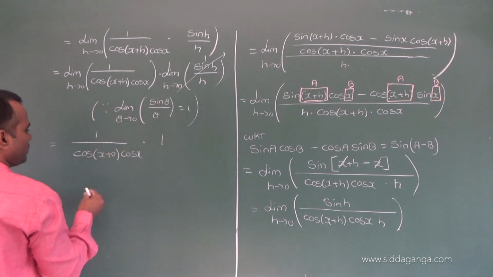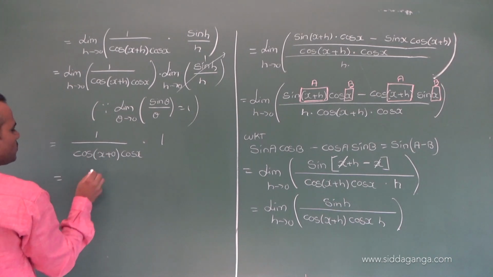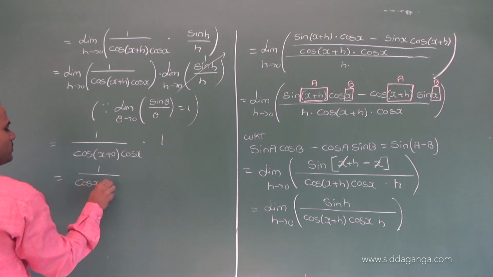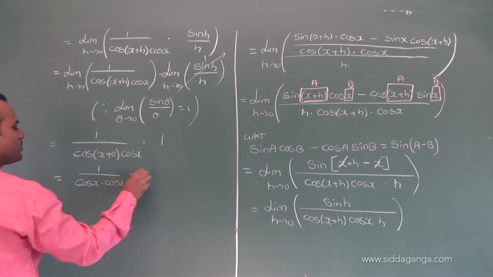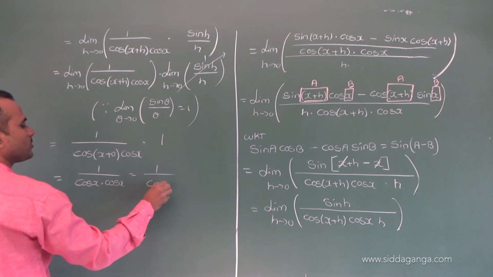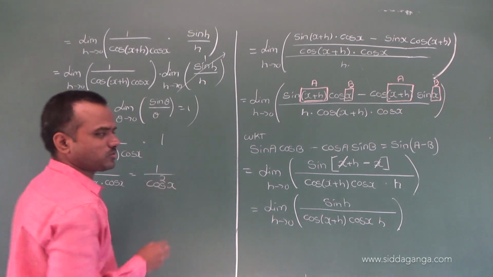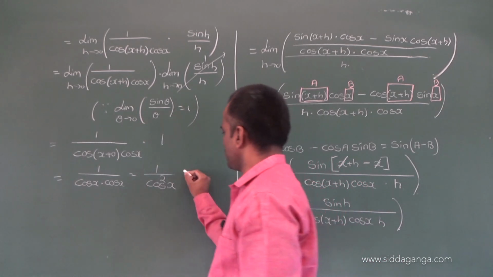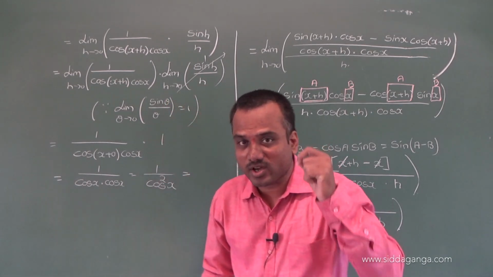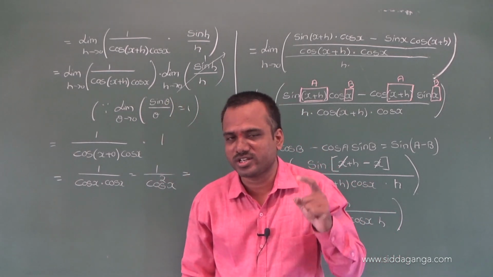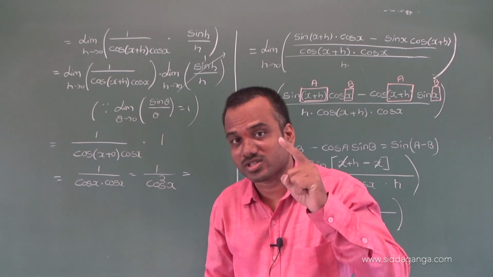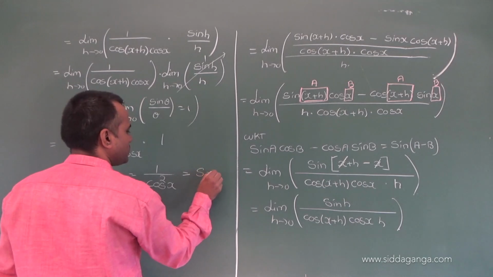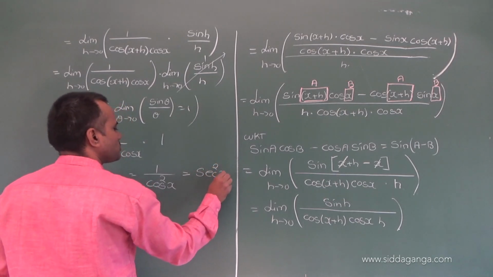X plus 0 is x. So 1 divided by cos x into cos x, which is cos square x. You know very well the reciprocal relation in trigonometry: 1 by cos theta is secant theta. So 1 by cos square x is nothing but secant square x.